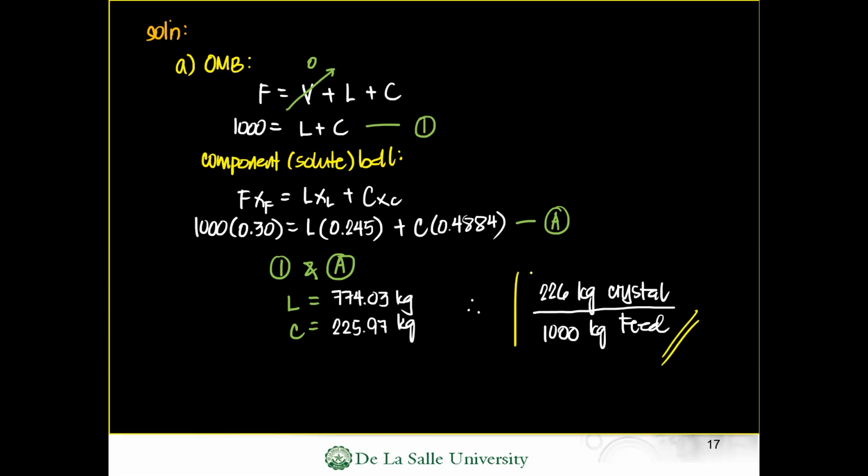This is your answer for letter A. Now, let's go to letter B. Again, overall material balance would be the same. Nothing changed. 1,000 is equal to V plus L plus C.